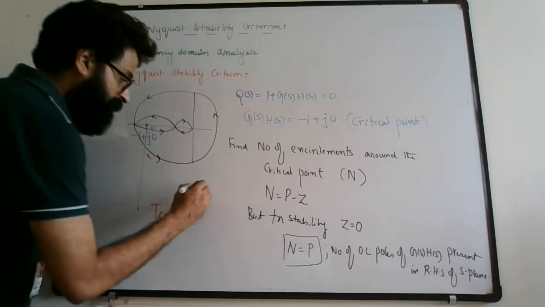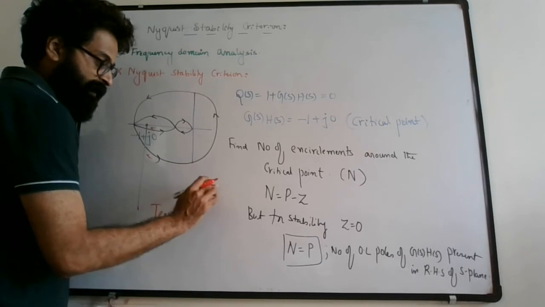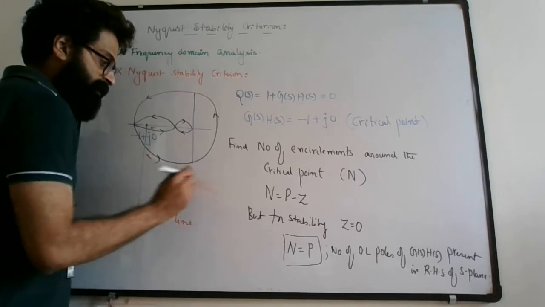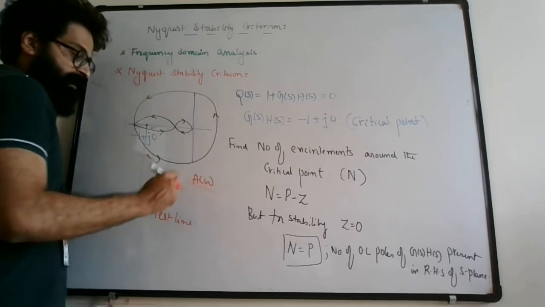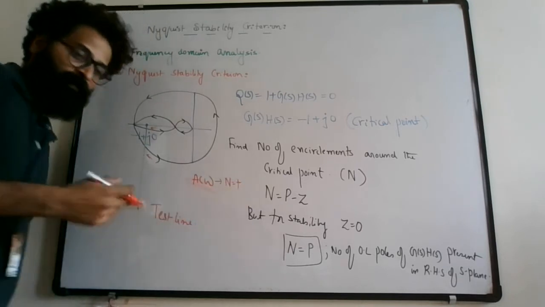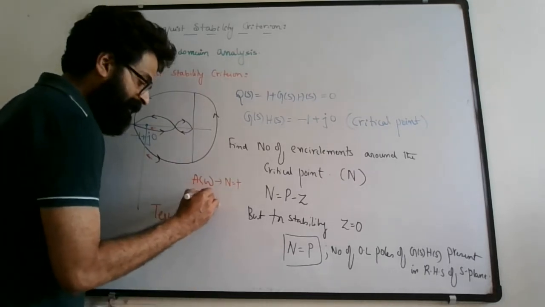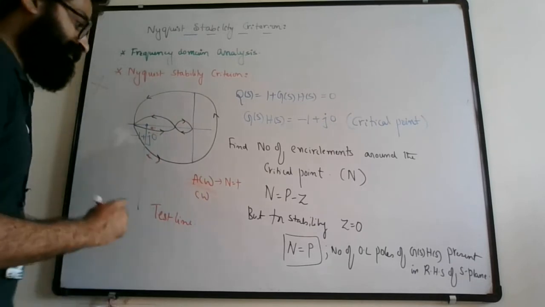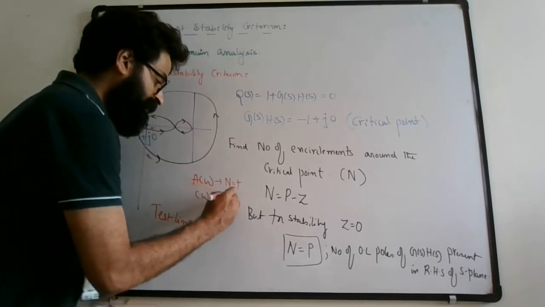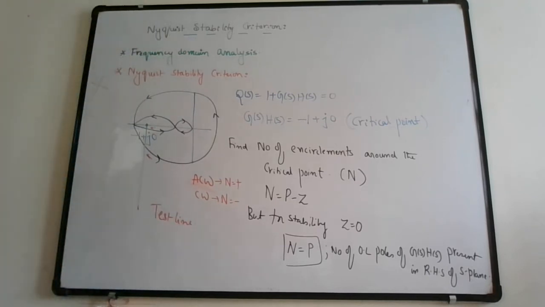If you have an anti-clockwise sense, I will write ACW for anti-clockwise, you would say N is equal to positive. It is taken as a positive encirclement. On the other hand, if the line is getting cut in a clockwise sense, then we would take N as negative.